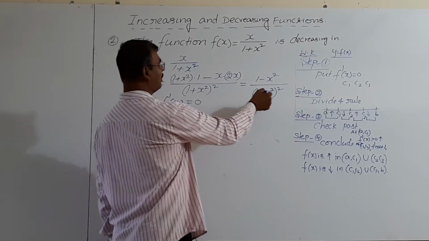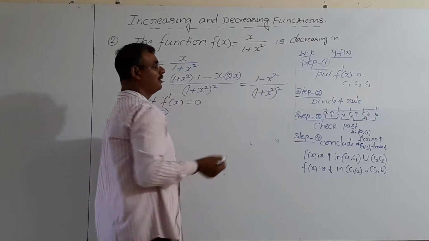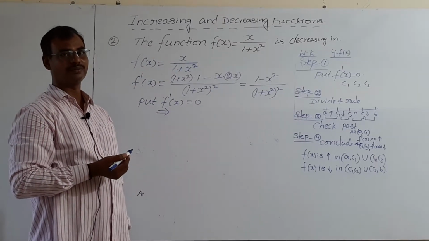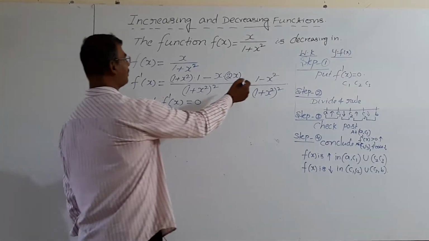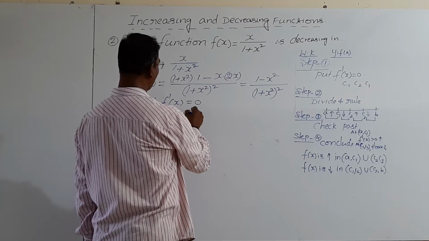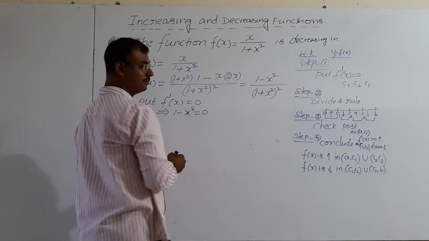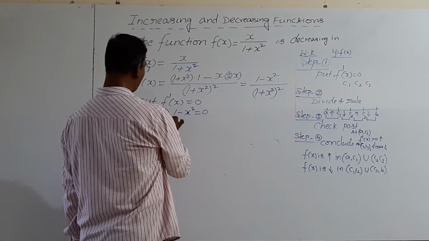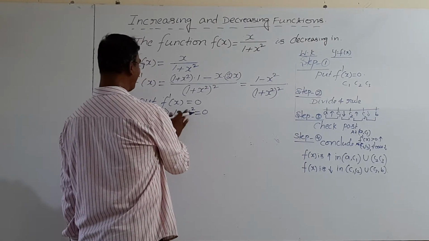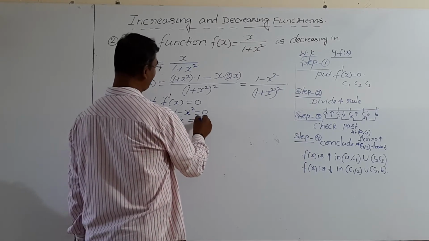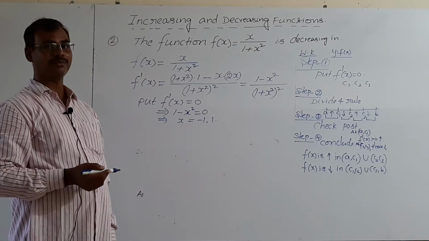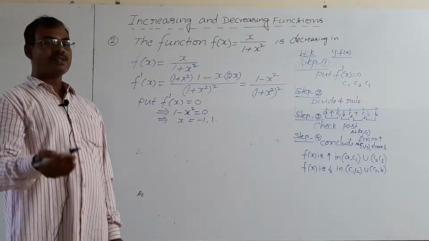Observing here, the denominator is always a real positive number, so it is never equal to 0. So 1 minus x square is equal to 0, which becomes x square equal to 1, x equal to plus or minus 1. We got the roots.